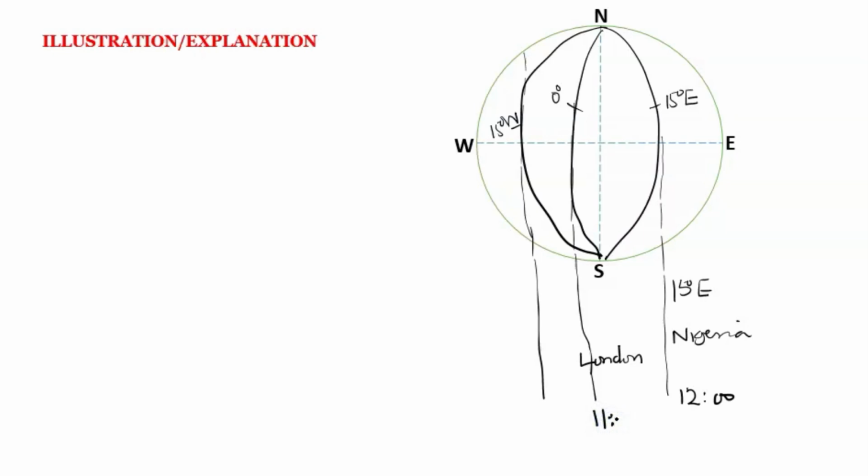Because of the rotation of the Earth, Nigeria is going to be gaining 1 hour, while places on the western side are going to lose 1 hour from the prime meridian. So we are going to have this time adjustment. This is going to be 10 a.m., this is going to be 11 a.m., if here is 12 p.m.